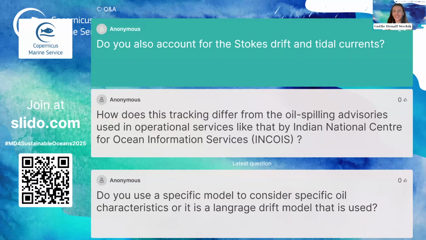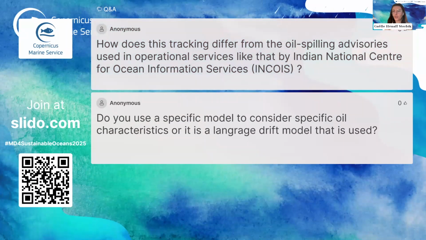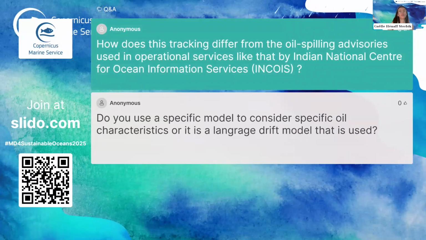Thanks a lot. Okay, one question. How does this tracking differ from the oil spill advisories used in operational services like that by the Indian National Center for Ocean Information Services? I don't know. I never tested this system.